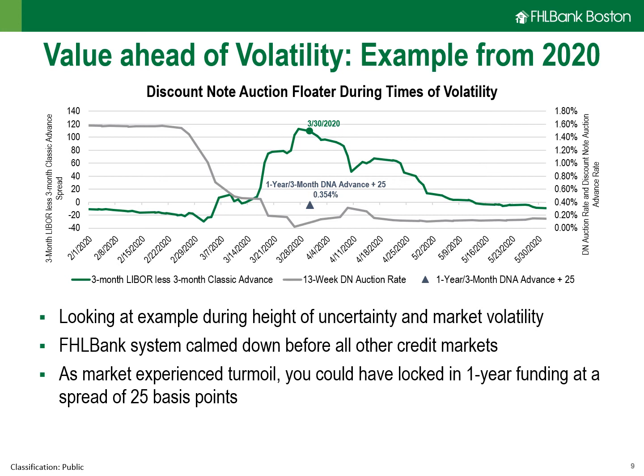And even in highly volatile and uncertain markets, this product allowed you to manage risk at relatively cheap funding. So this is something to keep in mind as you manage your balance sheet through uncertain times.